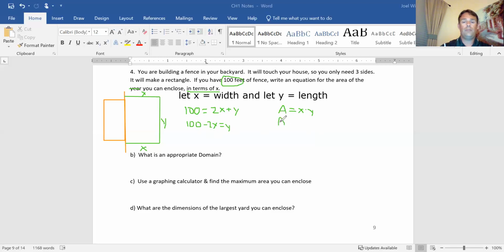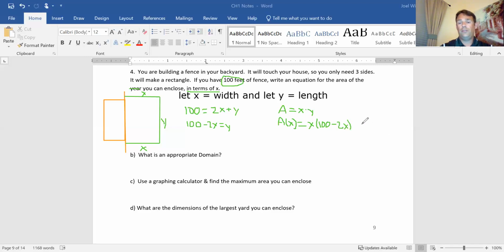If I substitute that in there, friends, we have ourselves an area function in terms of just x.